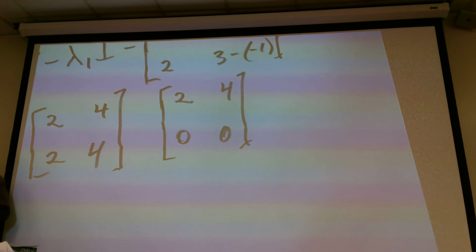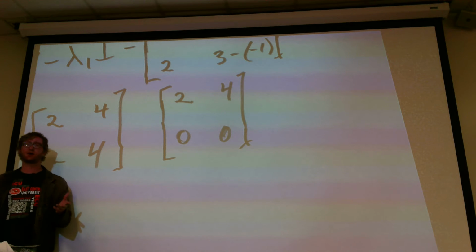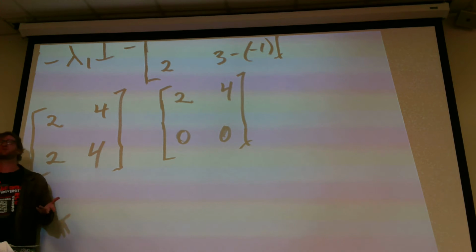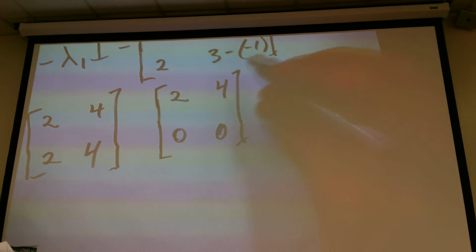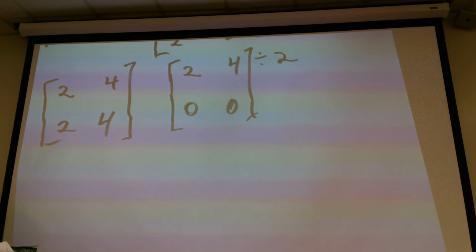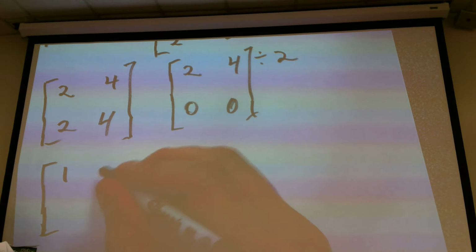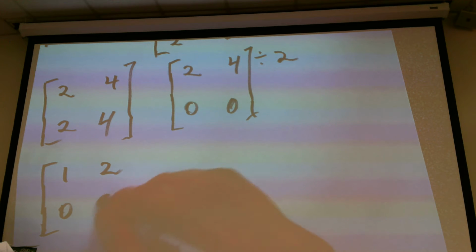Okay? Well, like in the previous problems we've done in this class, I want my pivots to be 1. So I'm just going to go ahead and divide this row by 2. Well, 1, 2, 0, and 0.